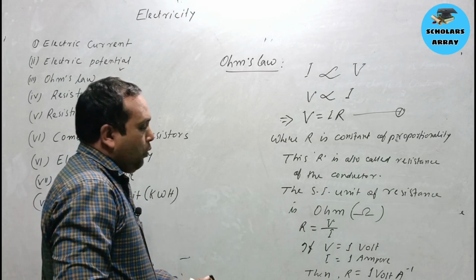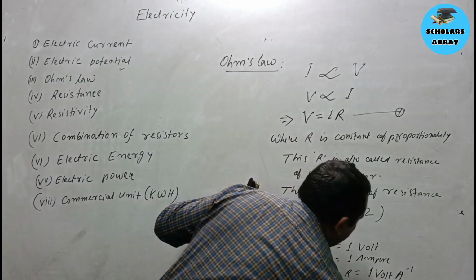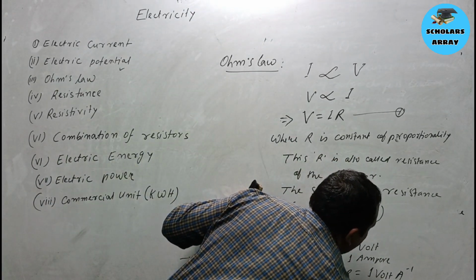That means 1 volt per ampere is equal to 1 ohm.